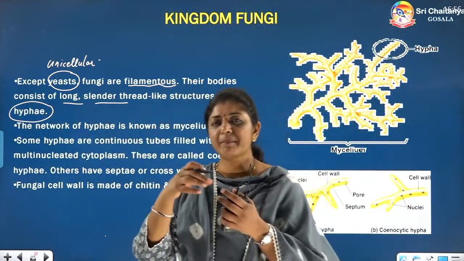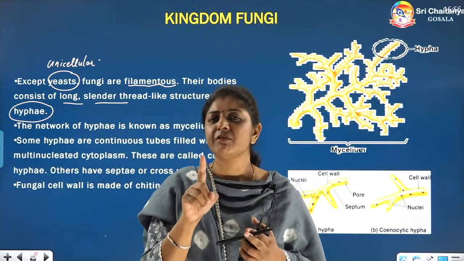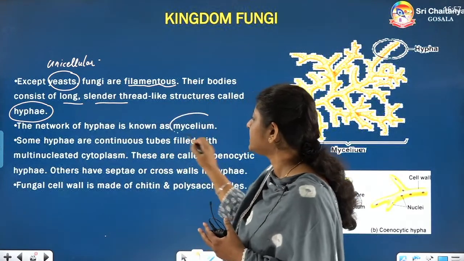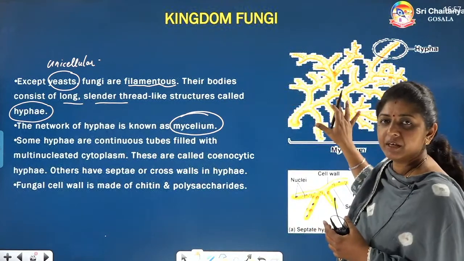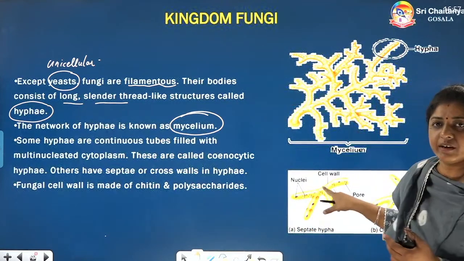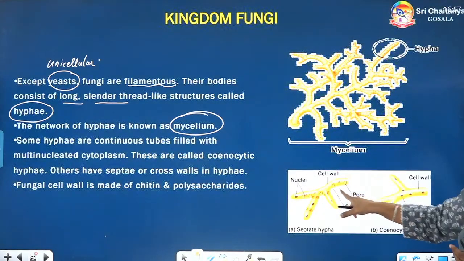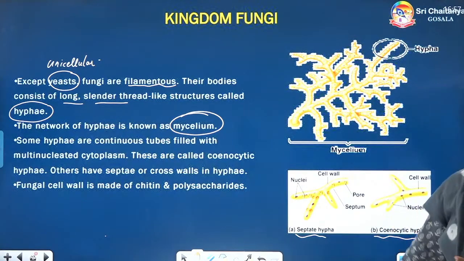Like in one fabric, when you take out one thread, that one thread you call it as hypha, and that complete fabric you call it here as a mycelium, right? So this complete is a mycelium here, where if we take one thread like this, it will be what thing? Hyphae. But hyphae is further of two types, septate and coenocytic, or you call it as aseptate, right?